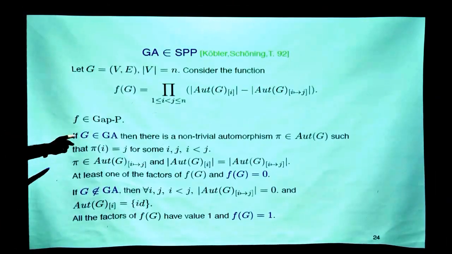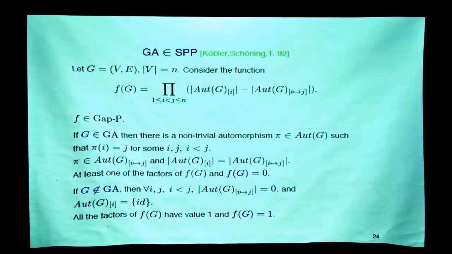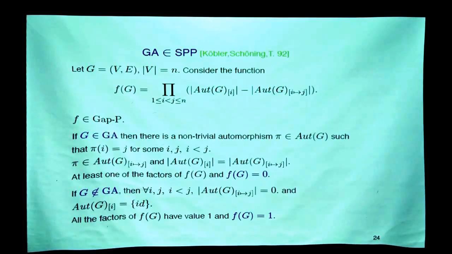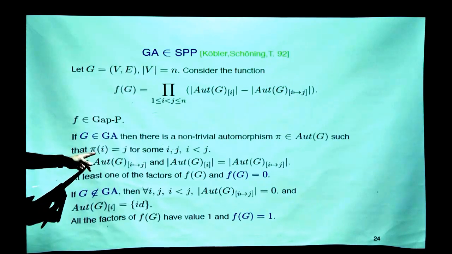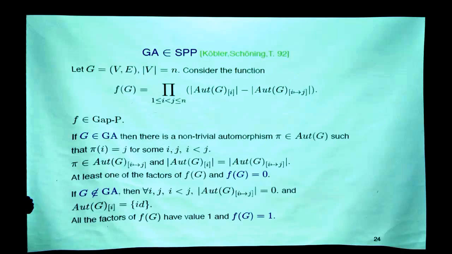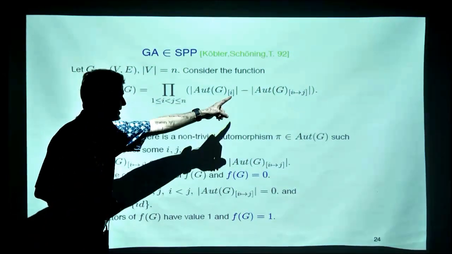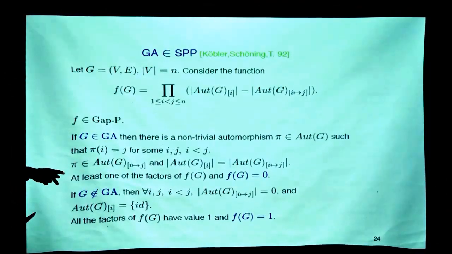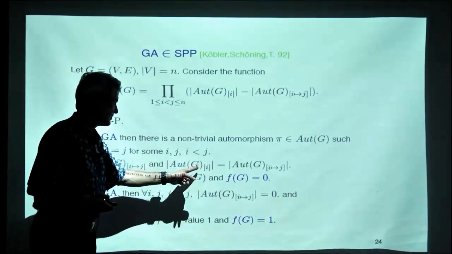So if the graph has some non-trivial automorphism, the identity is always there, but some other that is non-trivial, phi mapping i to j, for this i and j, we have that these two functions are the same.